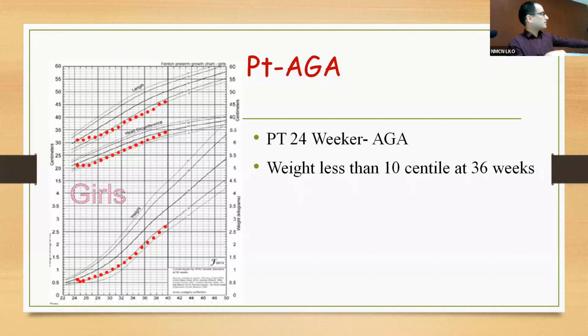The first line is the 3rd centile, the second line is the 10th centile, and the third is the 50th centile. So here you can see it is still less than the 10th centile at 36 weeks. So is this baby EUGR? If no, why? If yes, you are passed. No more questions. No, just answer me, is it EUGR or not?